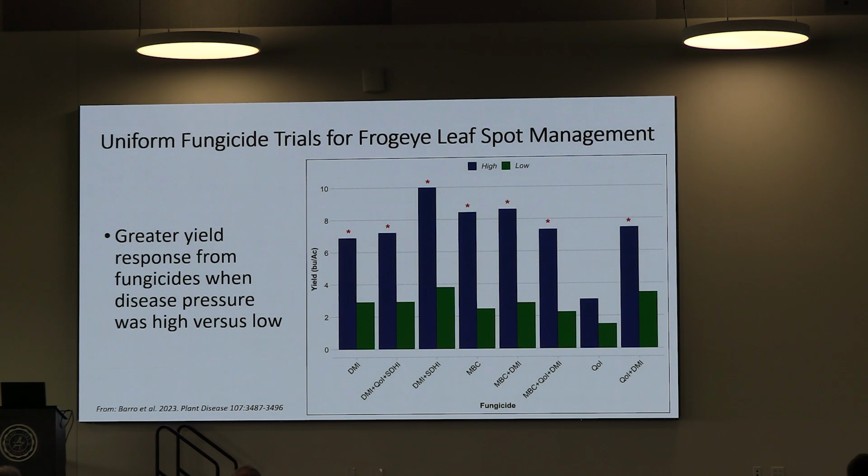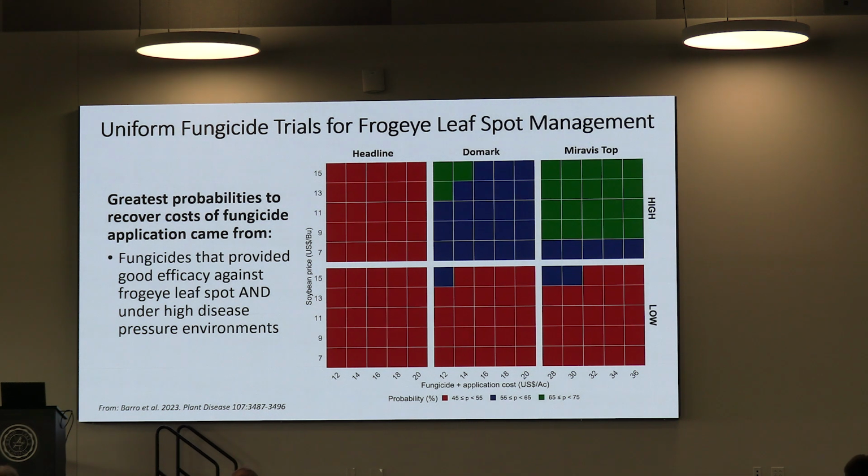So that's where we're seeing things like a 10 bushel yield response, when we have high disease pressure and a product that's going to provide good efficacy. When we have low disease pressure, which would be those green bars, we're floating around 2 bushels per acre or so, right? So again, higher disease pressure, that's where we're going to see greater yield response.